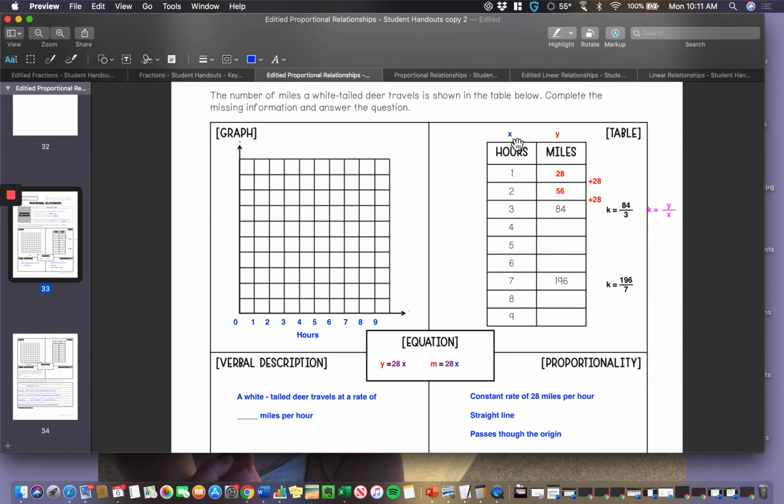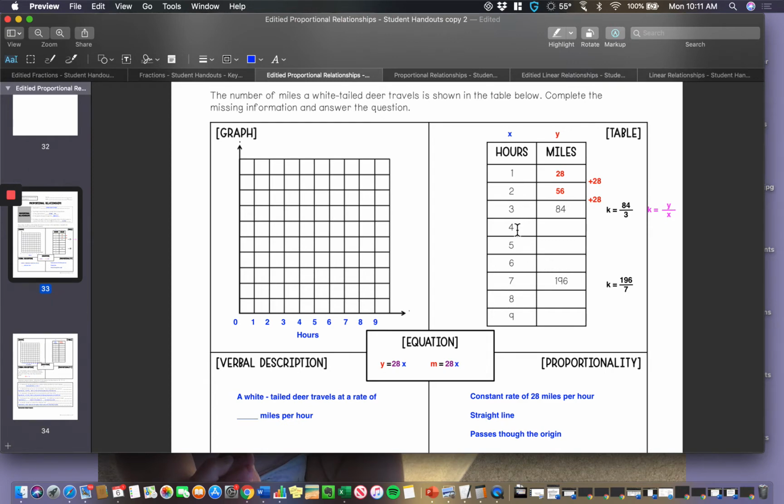So x represents hours, and that number is going to change. No matter what amount of hours this deer is traveling, it can be multiplied by 28, and that's going to give me the value of y, the amount of miles. So if I take 28 and multiply it by the number of hours, I can tell how many miles the deer goes, which is going to represent y.